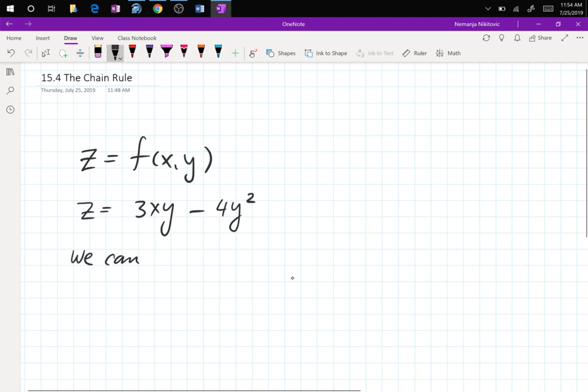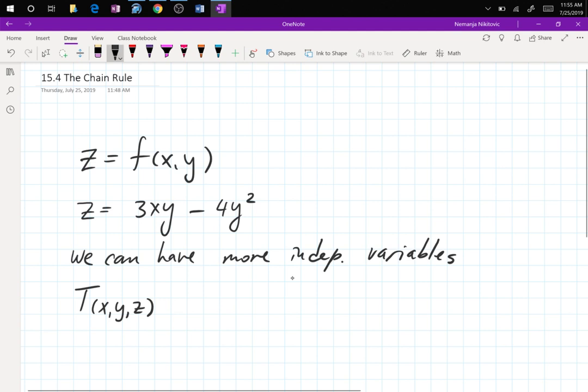We can have more independent variables. We don't have to have just x and a y. We can have a whole bunch of them. Maybe you want to express the temperature as a function of x, y, z, which is a location within the tridimensional object.